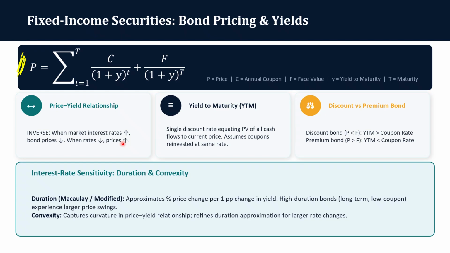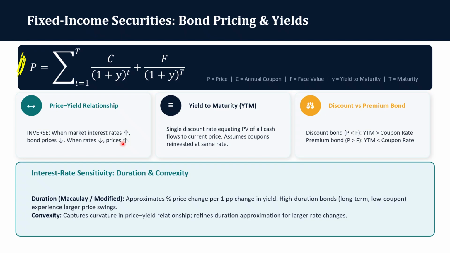To compensate, the price of the bond in the market must fall so that a new buyer effectively earns a yield closer to the new market rate. So, bond prices and market yields move in opposite directions. This is central to understanding interest rate risk.